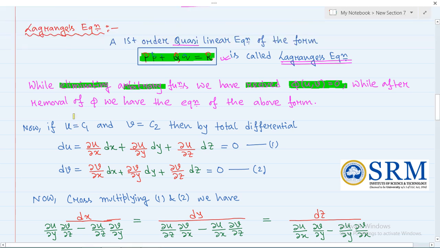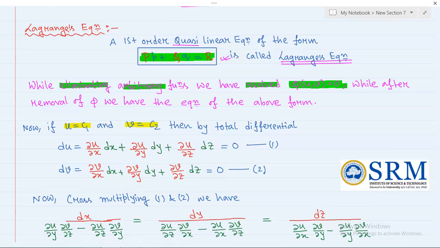Suppose we consider u equals c1 and v equals c2, say two differentiable functions, where u and v are functions of x, y, z. So u(x, y, z) equals a constant and v(x, y, z) equals another constant. We are considering two differentiable surfaces.